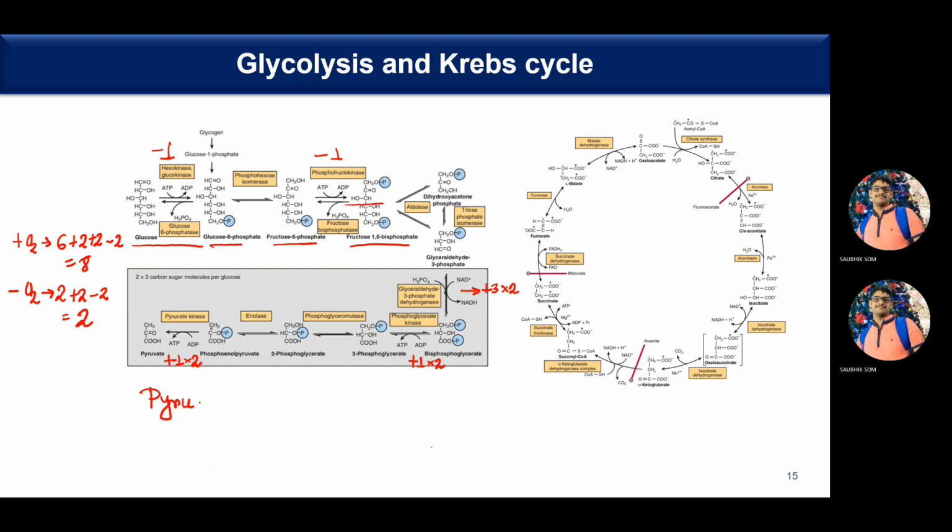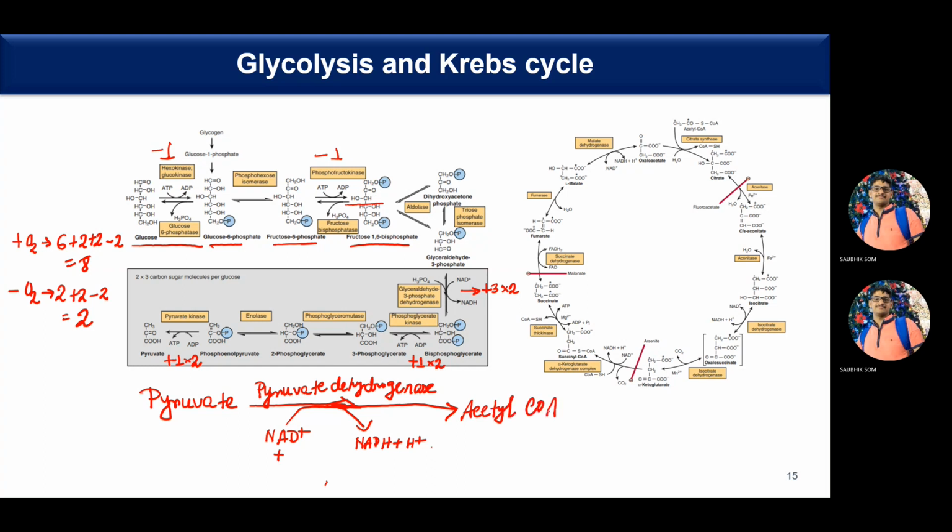From pyruvate, the pyruvate dehydrogenase enzyme will come here, and this will also convert NAD plus to NADH plus H plus, to give rise to acetyl CoA, correct?